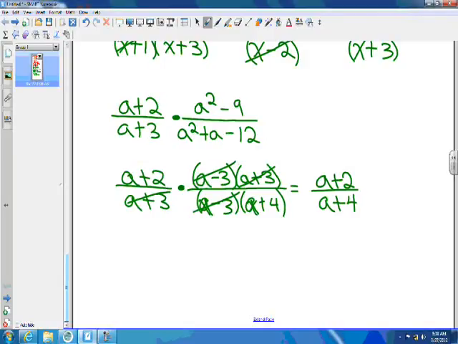So this right here is the perfect example of the difference between the two. If you had 2a over 4a, what's 2 over 4? 1/2. You would absolutely have to simplify that. That's not an option. 2 divided by 4 is 1/2.